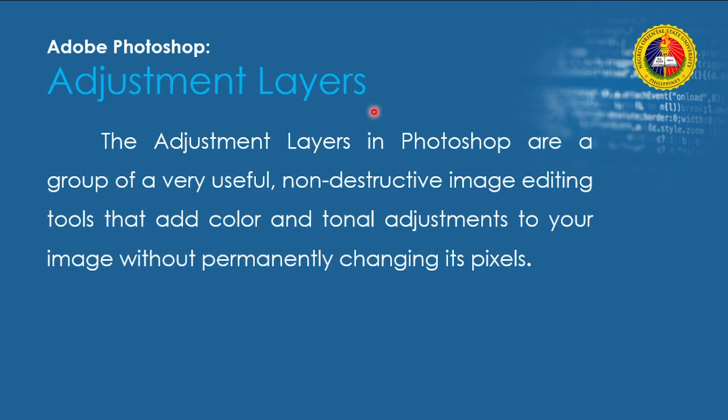So adjustment layer is like, for example, if you wanted to increase or perhaps modify the contrast, the brightness, the color, the exposure of your image, using adjustment layers will be perhaps the best tool or the best technique in doing so.